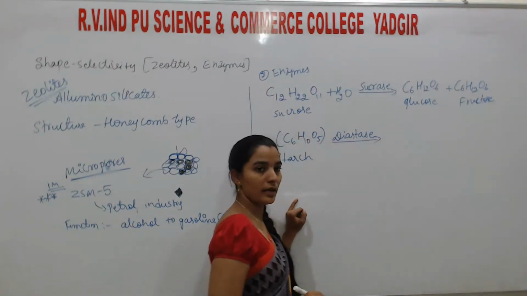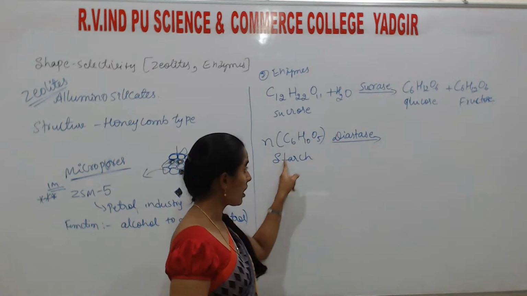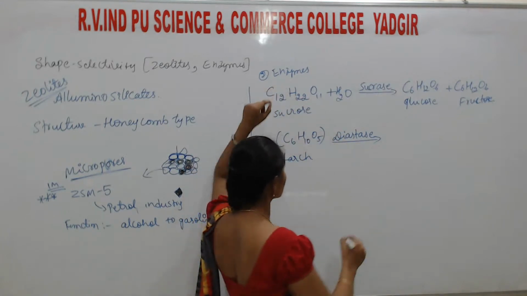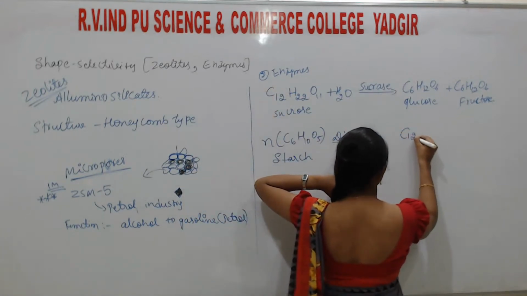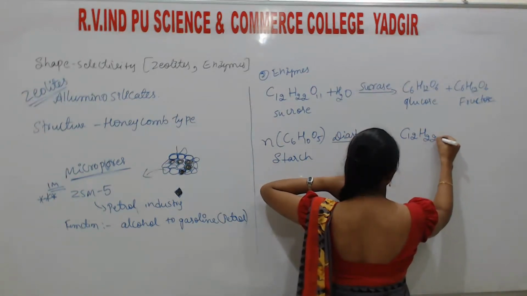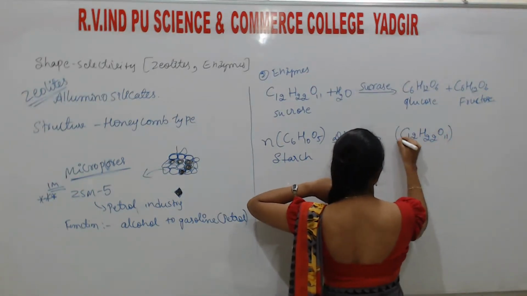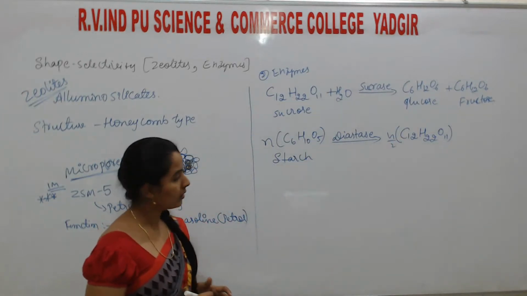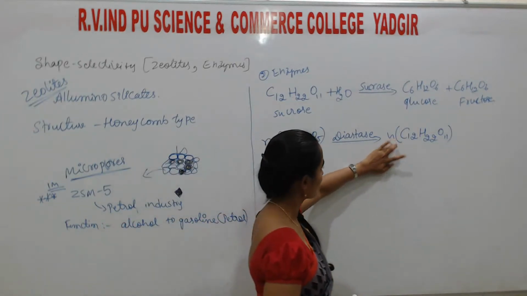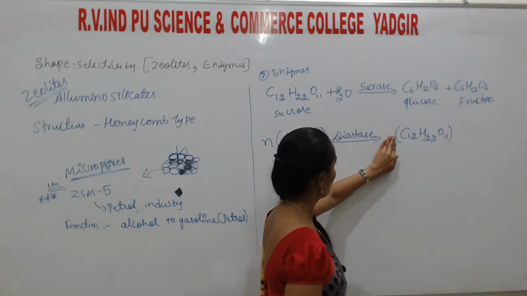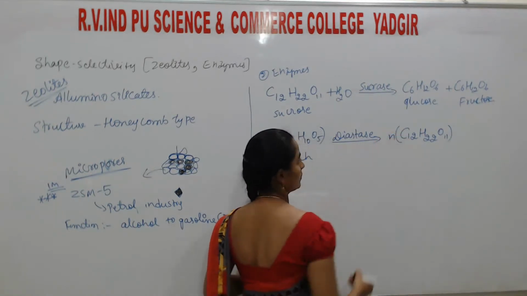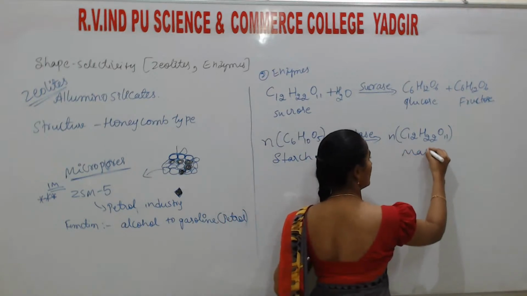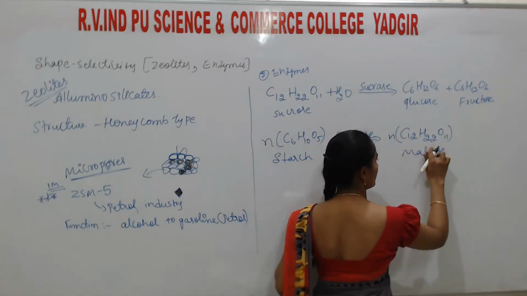Diastase is the enzyme which converts starch into maltose. The maltose formula is C12H22O11, that is n/2 times, or you simply take n times because we don't know what n is. It converts into maltose.